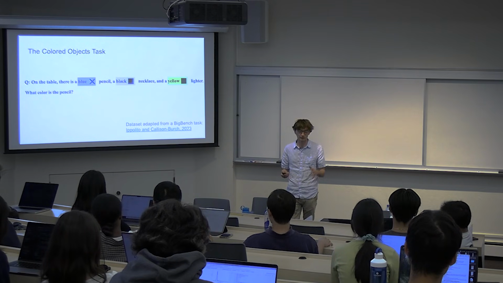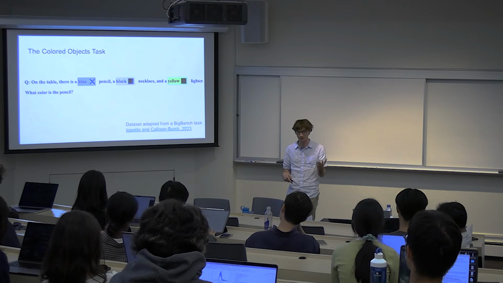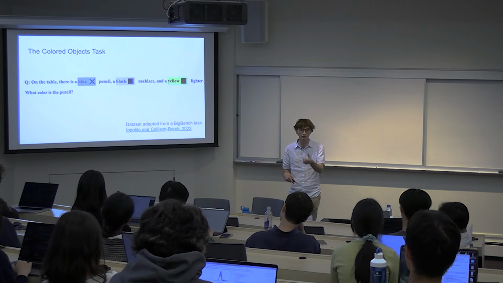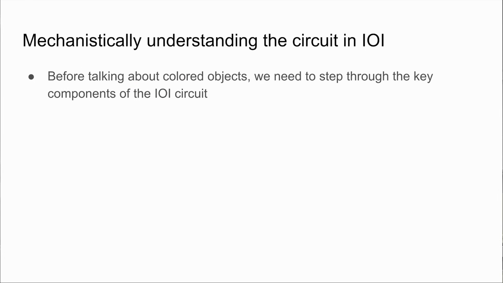So it's similarly very easy, I think, to the IOI task, and it has a kind of similar structure where there's retrieval from context, right? And so maybe there's some big overlap between these two circuits. I wasn't really sure exactly when we were working on this, but I think you can see the similarities there in what's required.